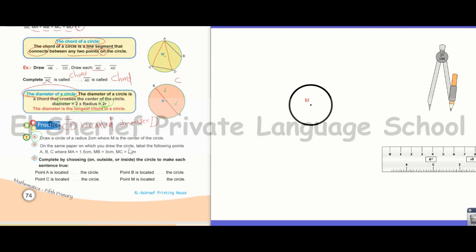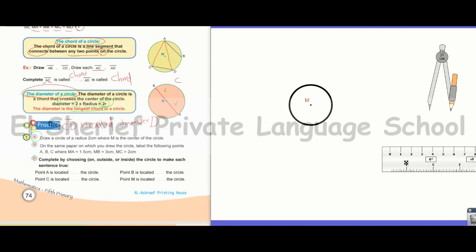On the same paper on which you drew the circle, label the following points A, B and C, where MA equals 1.5. MA equals 1.5 means this is smaller than the radius. So this point is inside the circle.